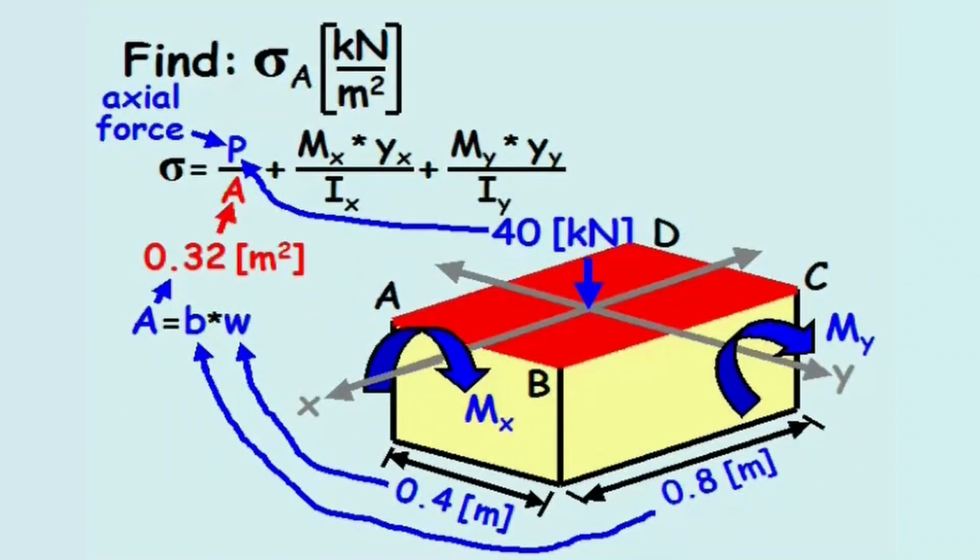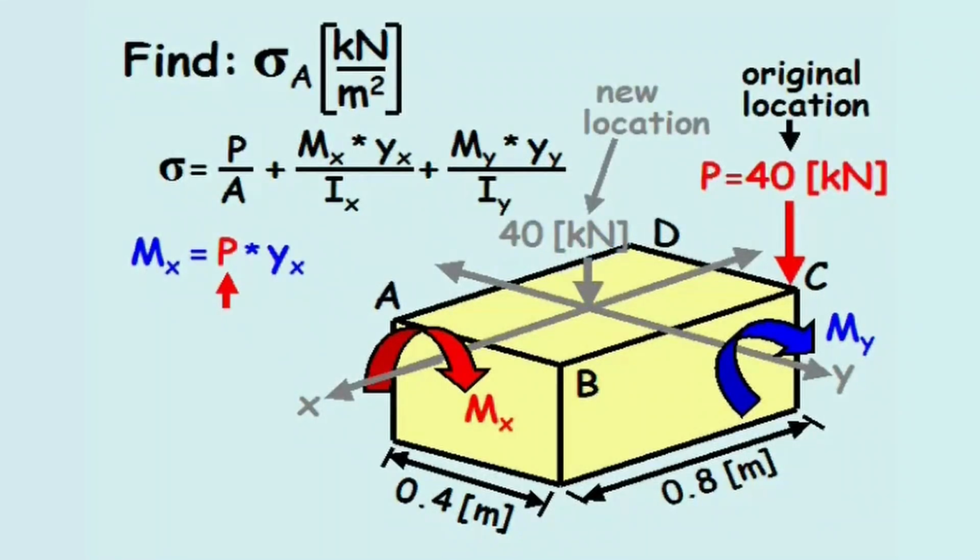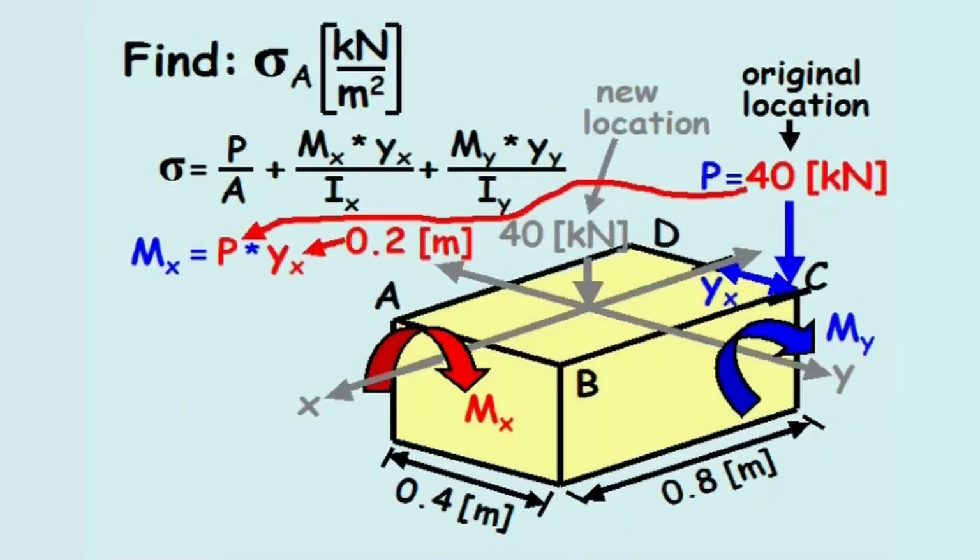Moving on to the moments, moment X is the equivalent moment which would result from a force of point load P if it were at its original location at point C, times the distance from the x-axis to the location where the point load is applied, y sub x. Plugging in 40 kilonewtons for P and 0.2 meters for y sub x, the equivalent moment about the x-axis equals 8 kilonewton meters.